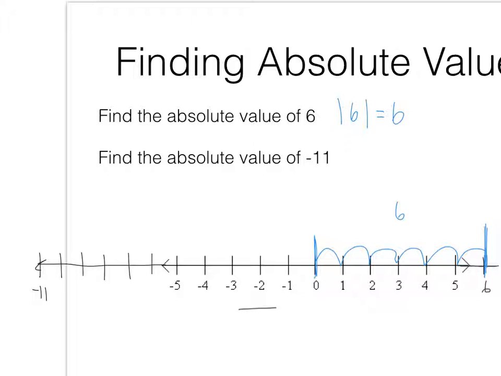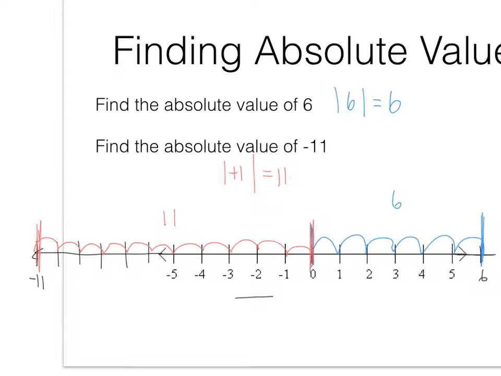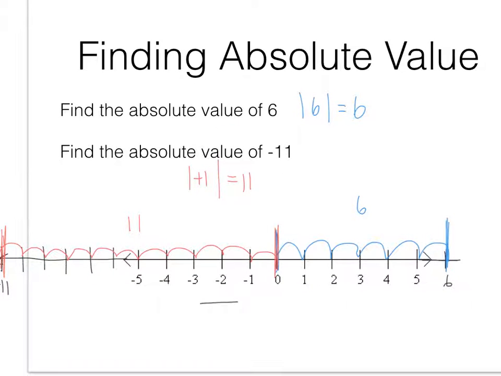Okay, and so again, I'm going to count the distance between my -11 and 0. So I'll count 1, 2, 3, 4, 5, 6, 7, 8, 9, 10, 11. Okay, so that's 11. Absolute value of -11 equals +11.